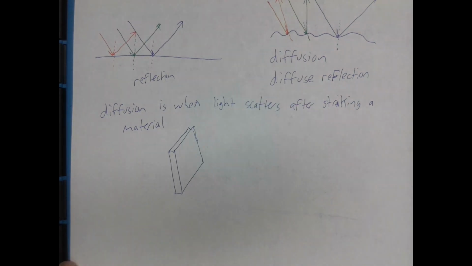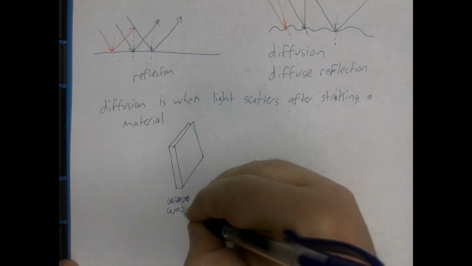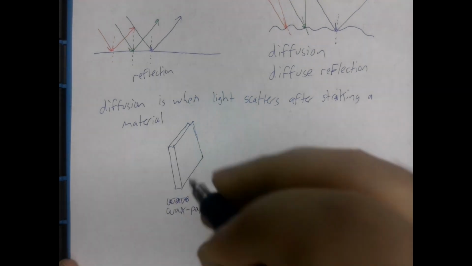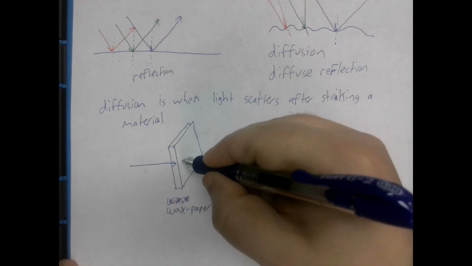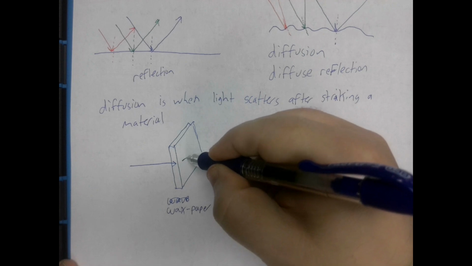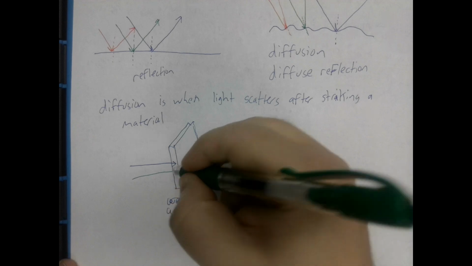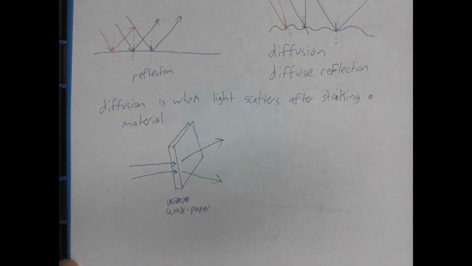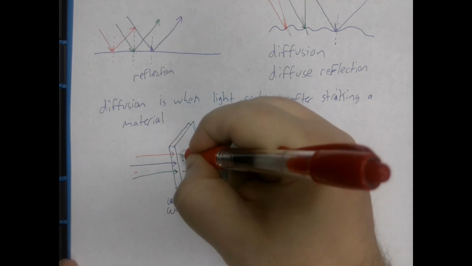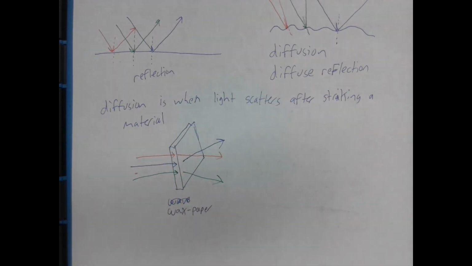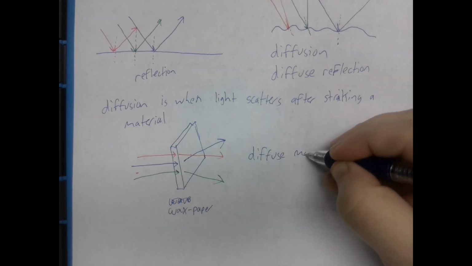So, if you have some wax paper, it comes in, and then it diffuses in some random direction. This is also known as diffusion. So it's a diffuse material.